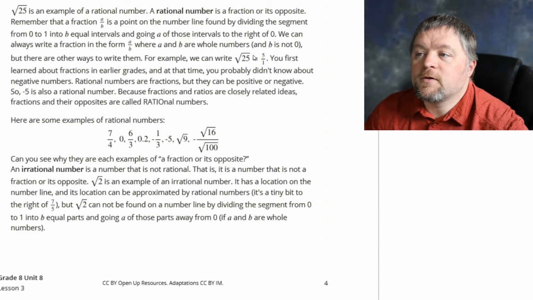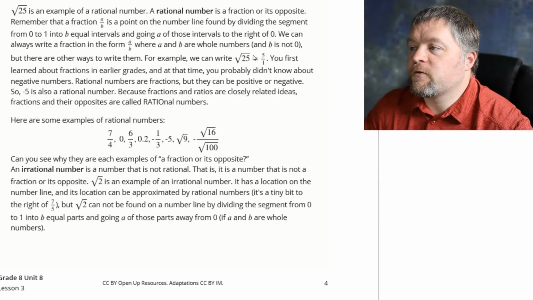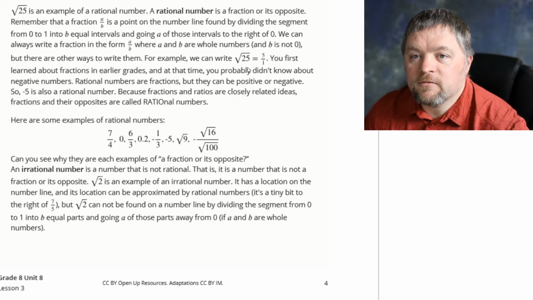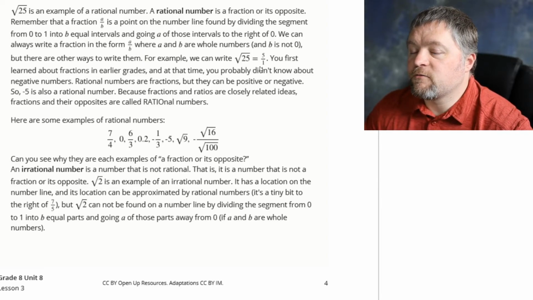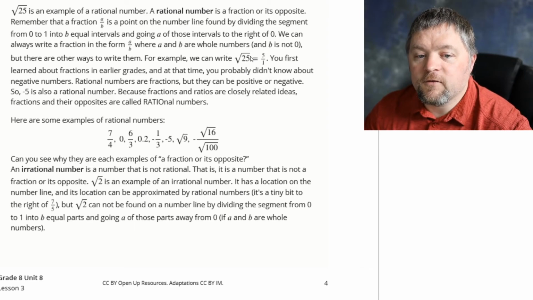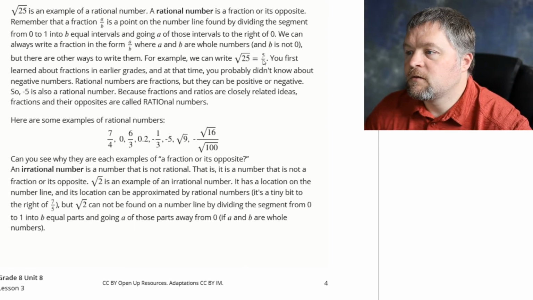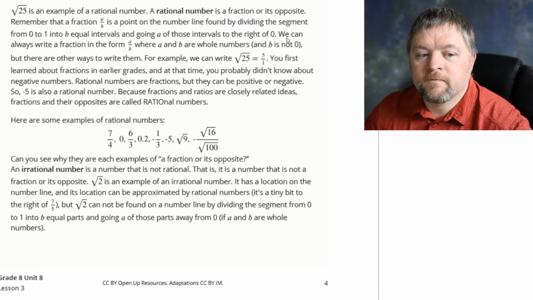We can always write a fraction in the form a over b, where a and b are whole numbers, and b is not 0. But there are other ways to write them. For example, we can write the square root of 25 as 5 over 1. Square root of 25 is equal to 5 over 1.